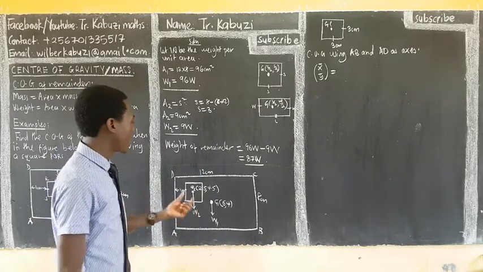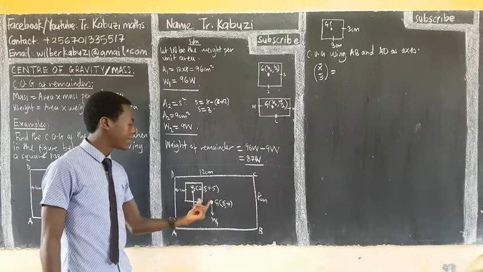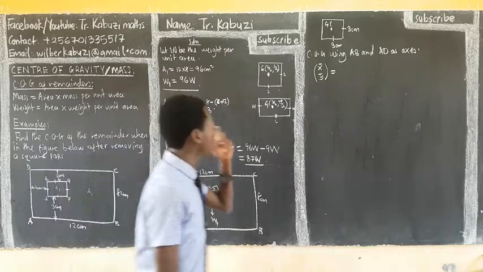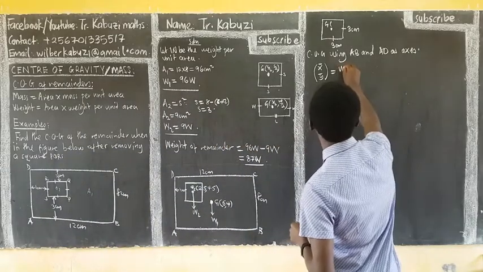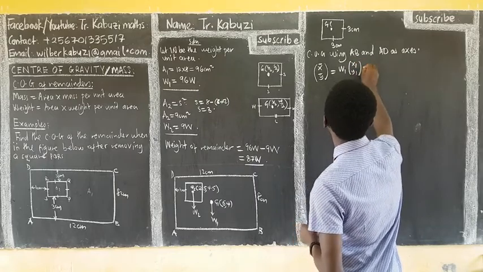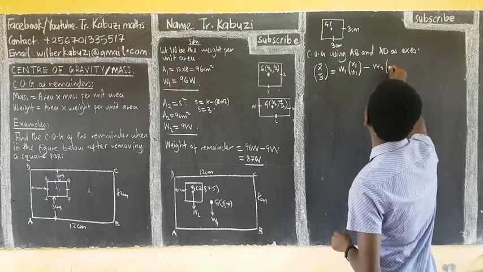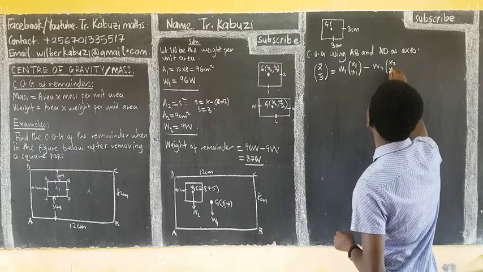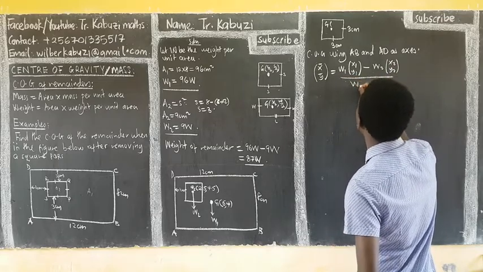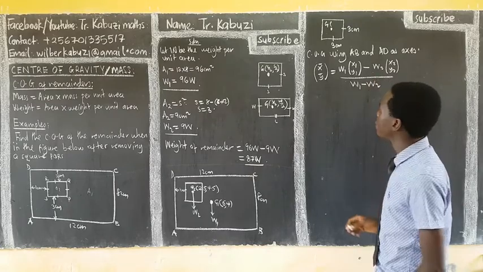So that's why we are not going to add, but we are going to get the difference of this minus this, because this is out. So now we get weight 1 and its coordinates, then this time minus weight 2 and its coordinates, over W1 minus W2, as simple as that.